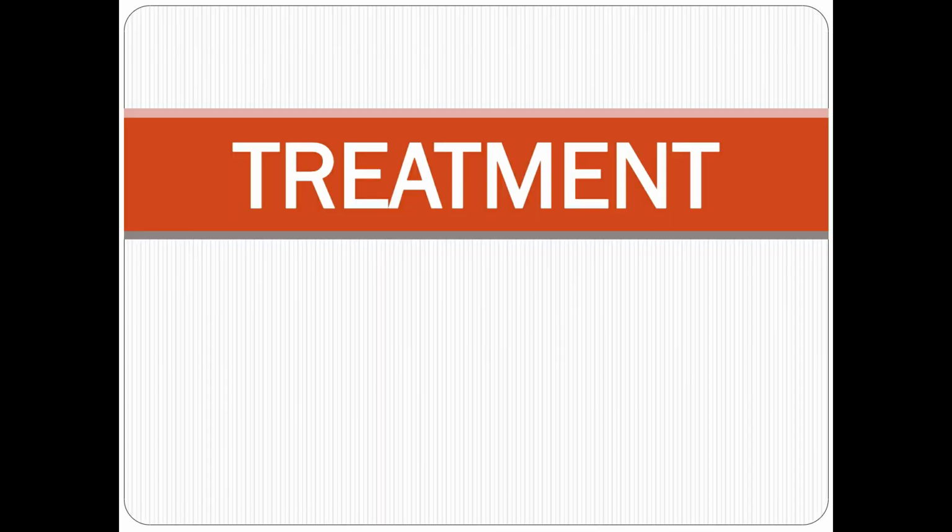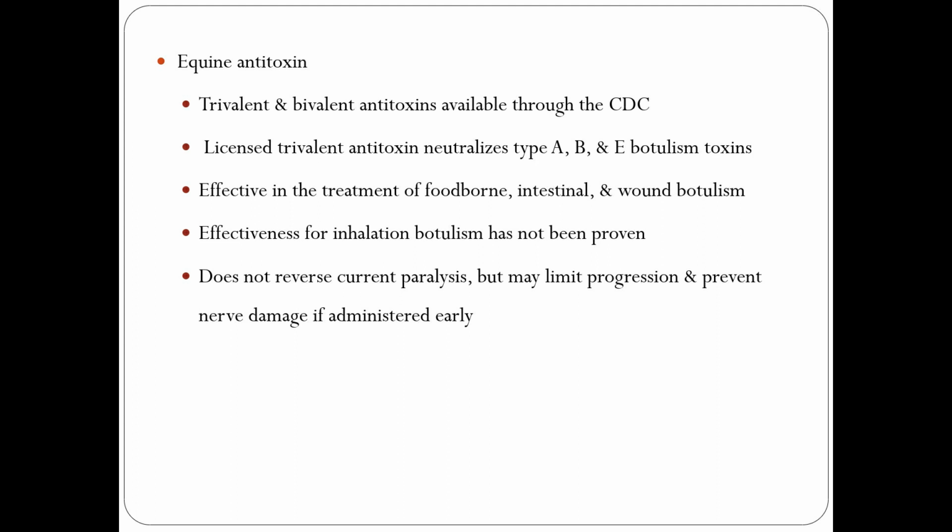Now, coming to the treatment, equine antitoxin can be used. It is a bivalent and trivalent antitoxin. The trivalent antitoxin neutralizes type A, B, and E botulism toxins. It is effective in the treatment of foodborne, intestinal, and wound botulism.